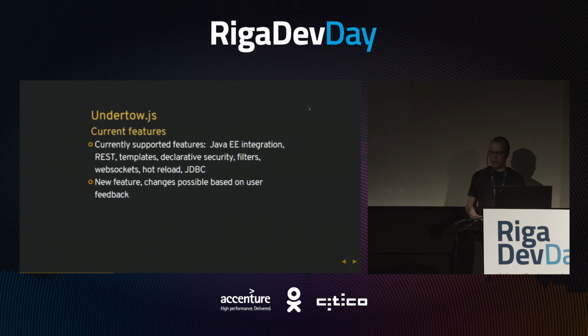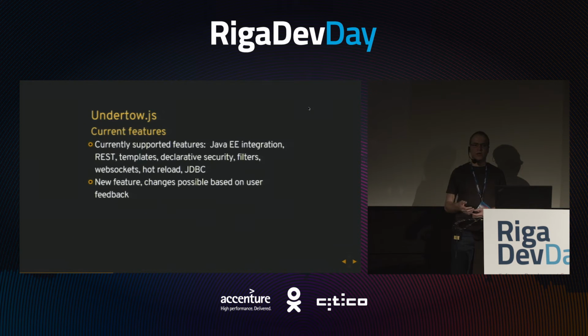Regarding integration with Java EE, basically we are providing dependency injection, so you can inject all the CDI beans, you can inject things from JNDI. So for example, when you inject a CDI bean, you will get a JavaScript wrapper to the bean. The same with EJB.